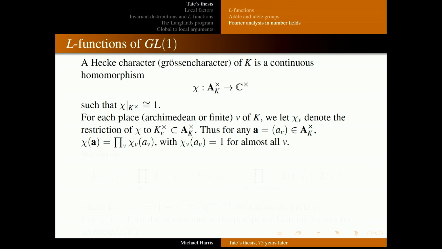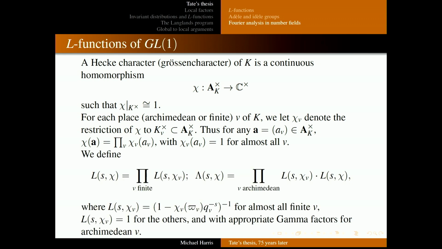So chi sub V denotes the restriction to the multiplicative group of the completion at the place V. So for any element of the group, chi of the Adele A is the product of the local factors. This is the finite product.